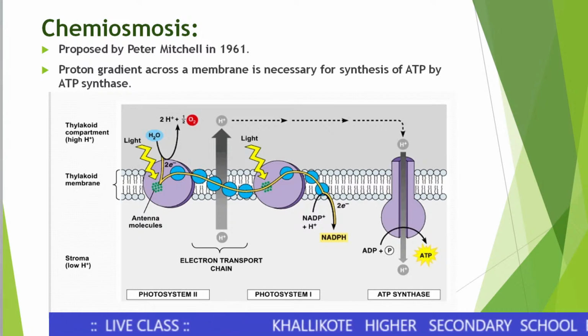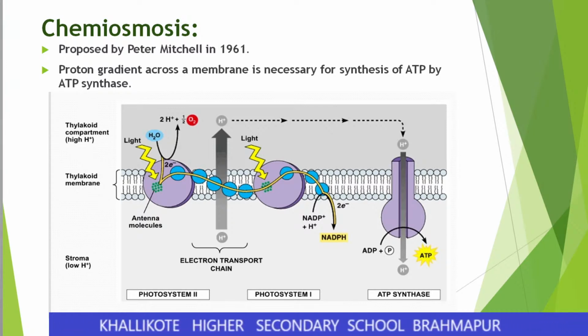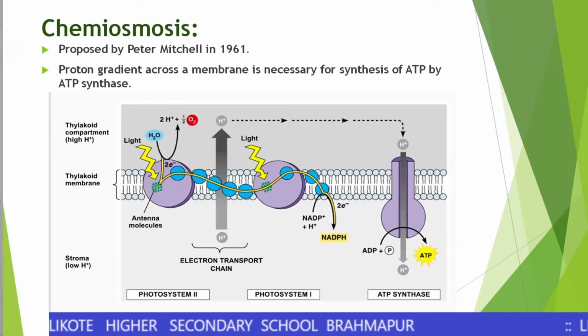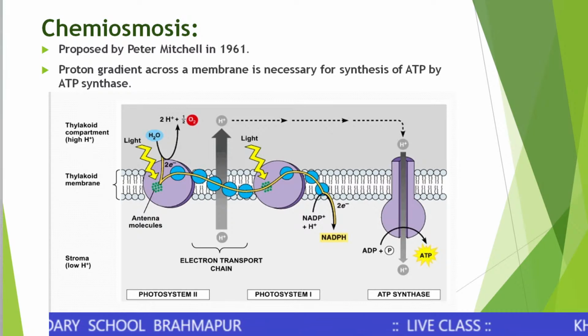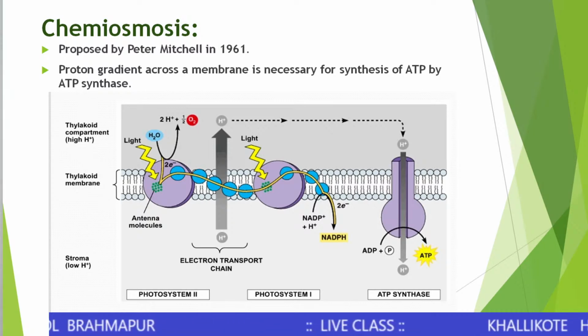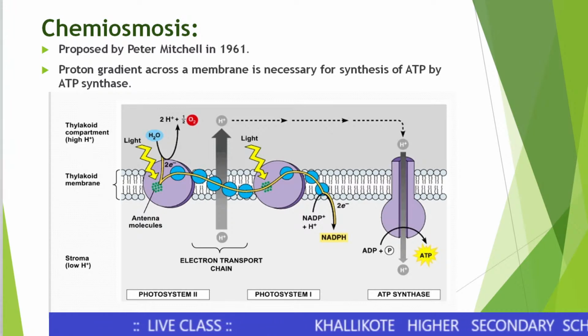So similarly, when the electron acceptors are again reduced, they take up H plus ions from the stroma side. For example, your quinone, when it gets reduced, takes up H plus ions from the stroma side.